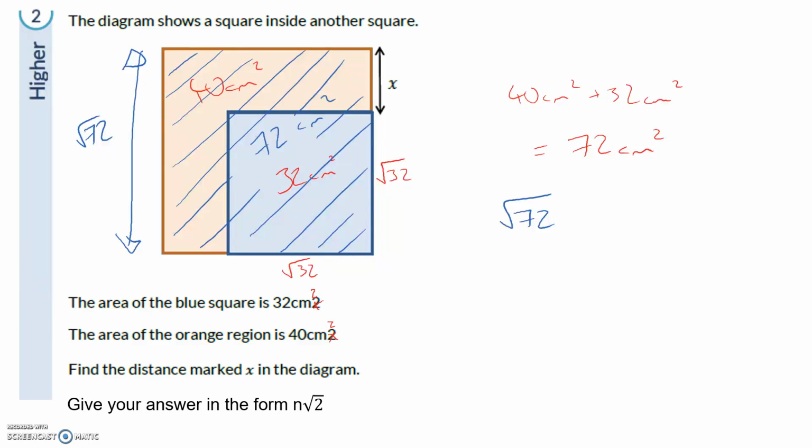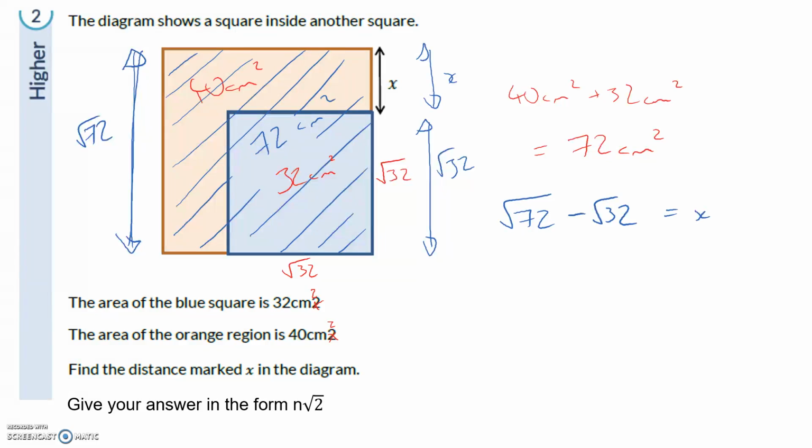We know that this side length is root 72, and we know that this is root 32, and we know that this is x, so we can form an expression for x. And that's going to be root 72 subtract root 32 equals x.